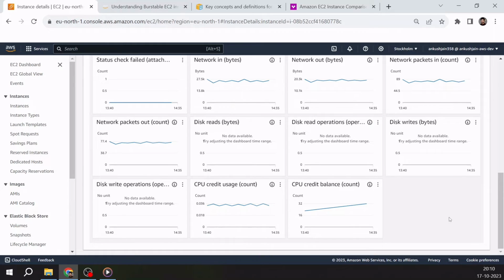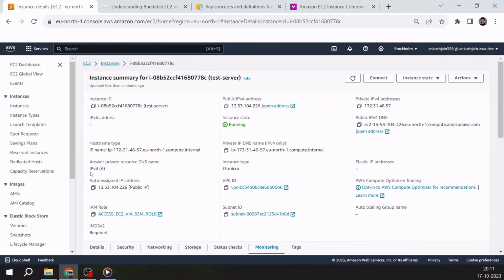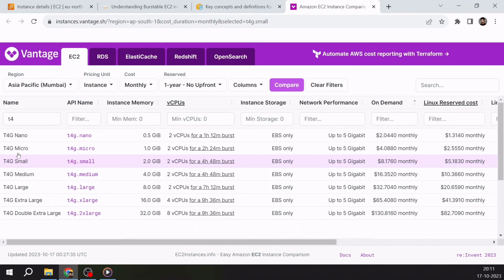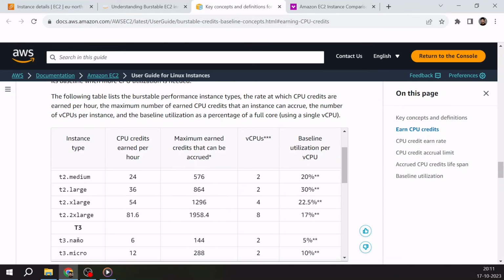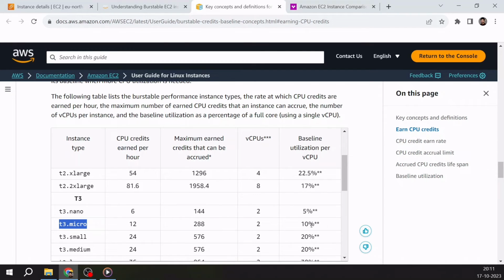Now we will put some stress on this EC2, which will increase the CPU utilization. This instance is a T3 micro. It has 2 vCPU and 10% baseline utilization, and we are earning 12 CPU credits per hour.